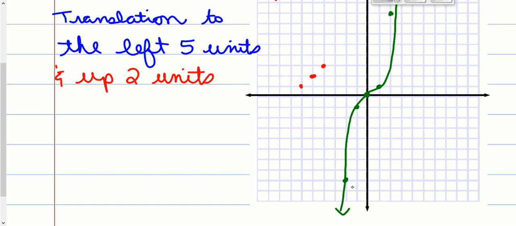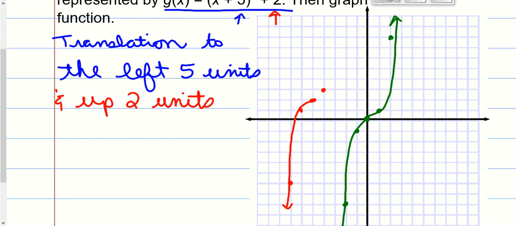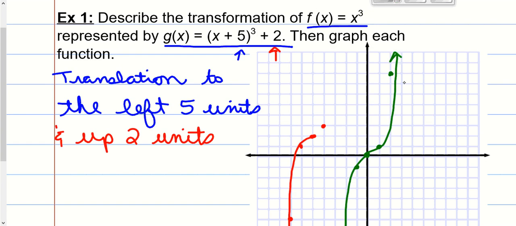This point here, left 1, 2, 3, 4, 5, up 2. Let's go ahead and draw that bottom half. And then we can move up to the top. Left 5, up 2. And then we can draw the top half. So the green is my f of x function, and the red is the g of x function. There we go.